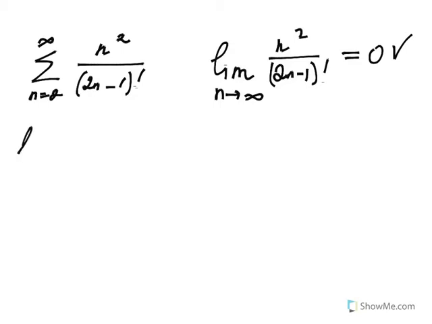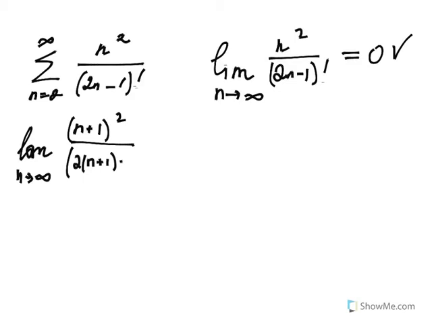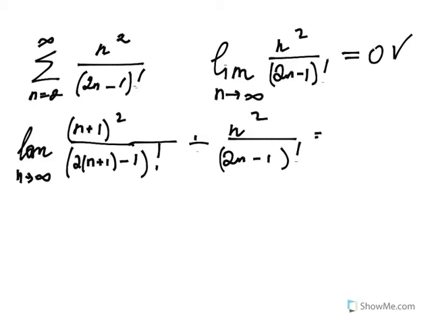So we're going to do the limit as n approaches infinity, of the term with n plus 1 factorial, and then divided by, because we're talking about the ratio, the original equation. I'm going to skip this limit for now.